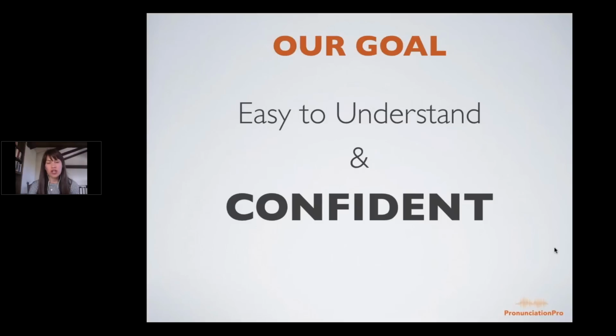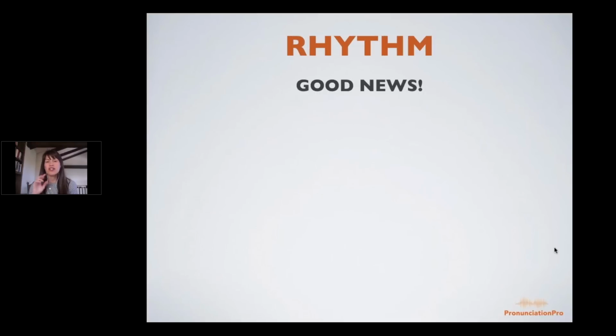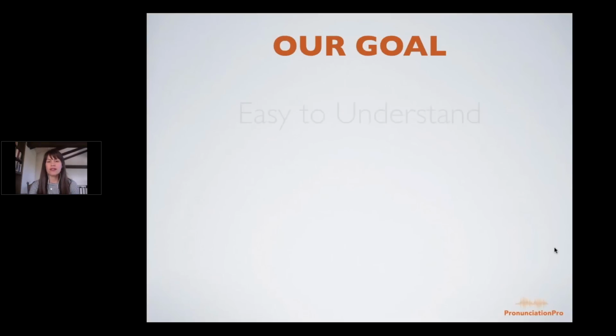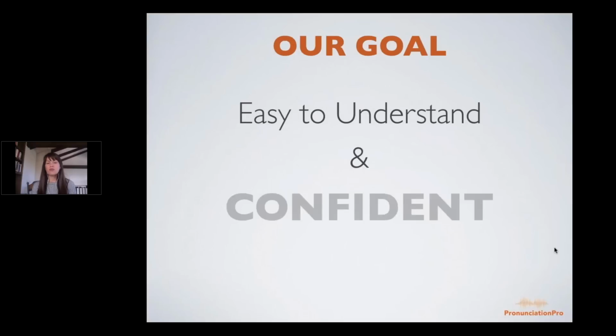And that really starts with two main areas in your English. There's the rhythm and there's the sounds of English. Okay, so we really break down those two areas of your development.